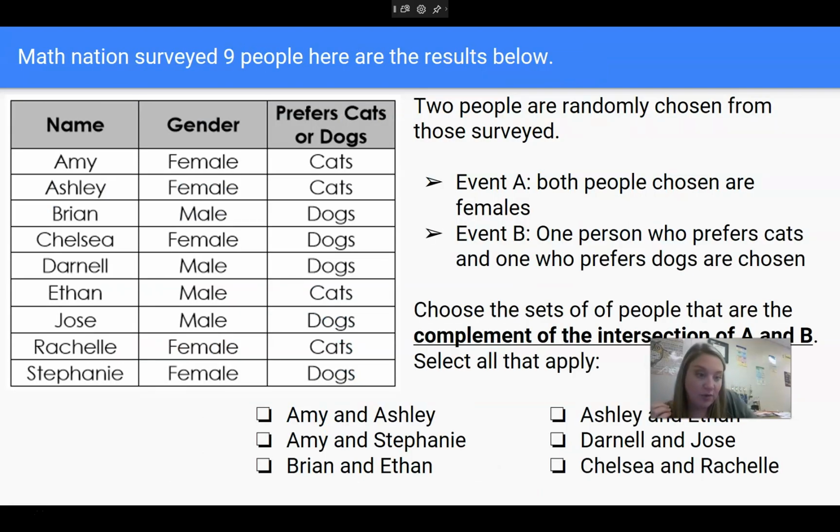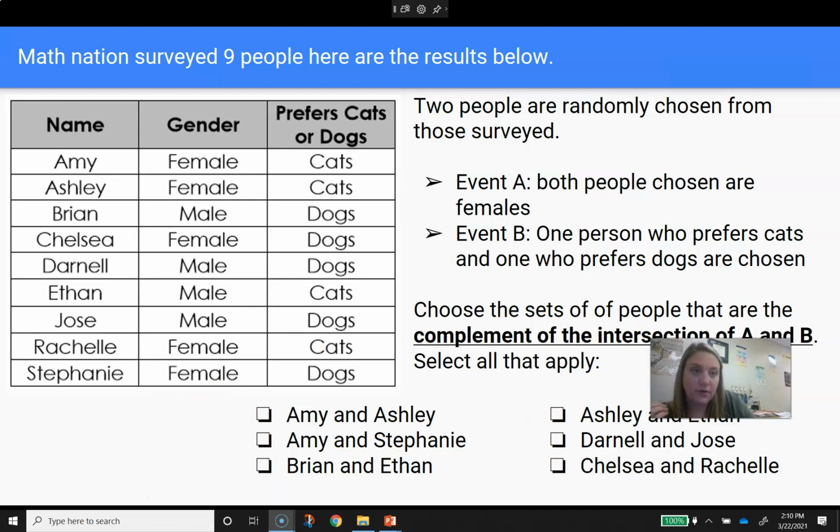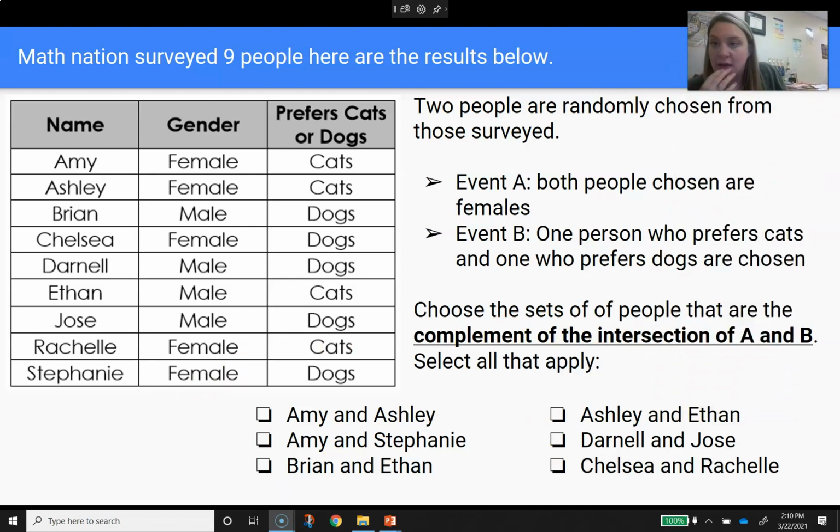All right, new example. Math Nation surveyed 9 people, and here are the results. We have names, we have gender, and we have if they prefer cats or dogs. Right? 2 people are randomly chosen from the ones that were surveyed. Okay?